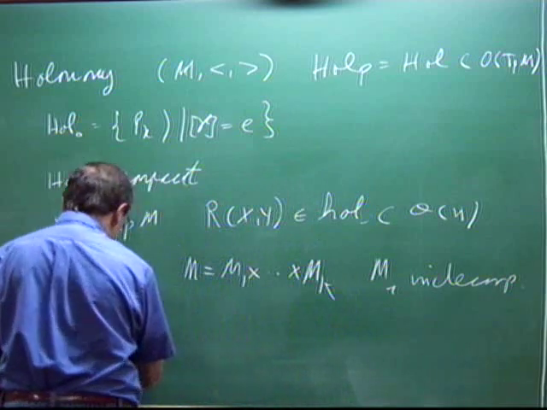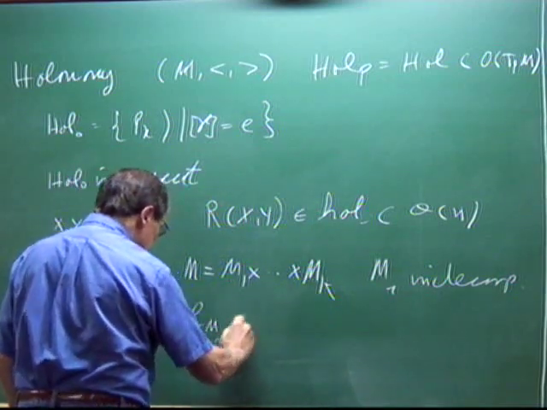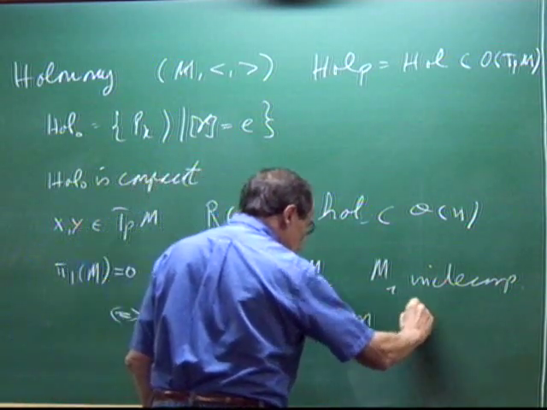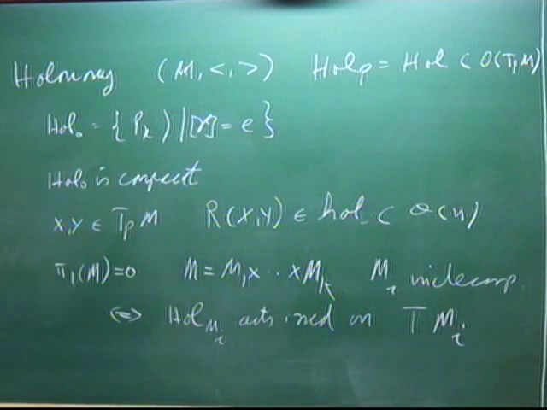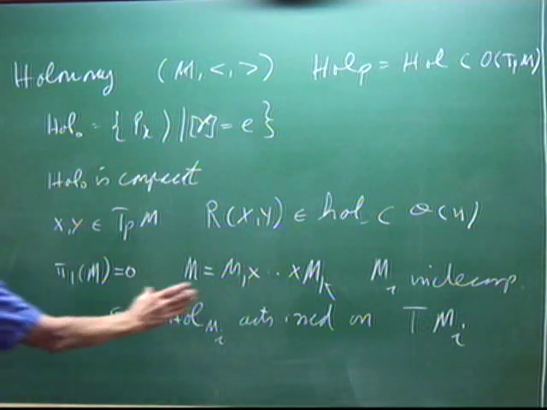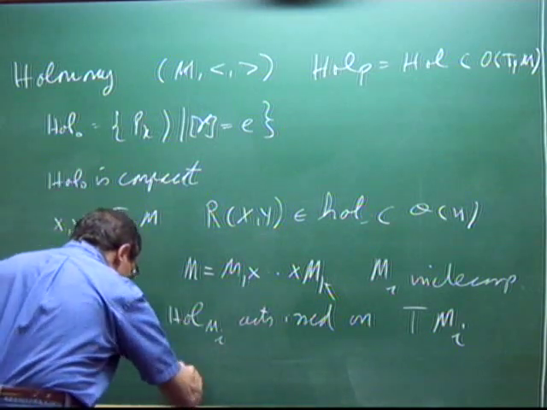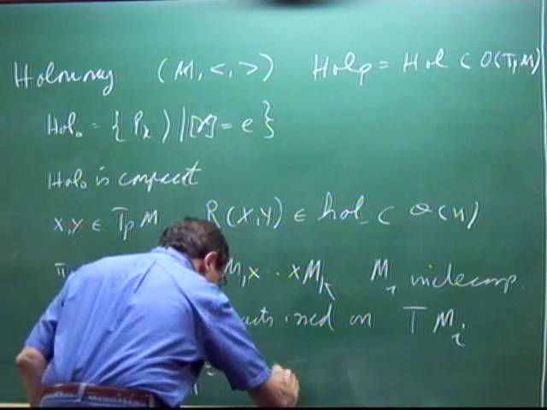Or equivalently, Hol of M_i acts irreducibly on the tangent space of M_i. And indeed, the splitting came from just the splitting of the holonomy groups. And in addition, Hol of all of M was a product of the holonomy groups.